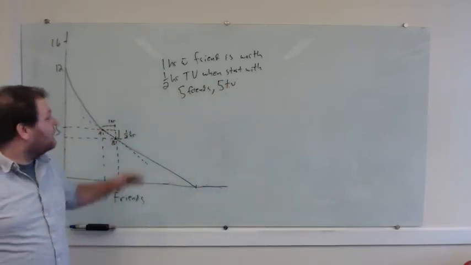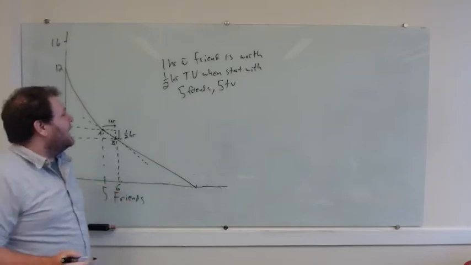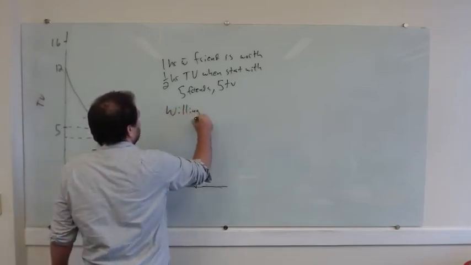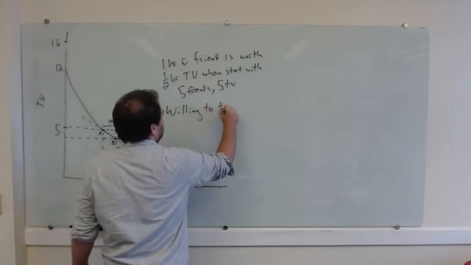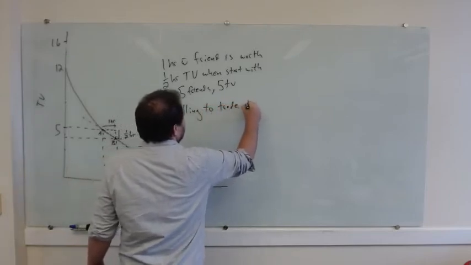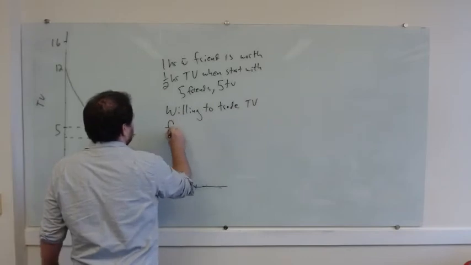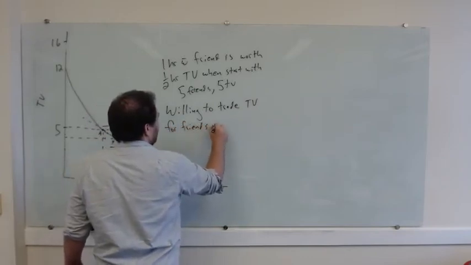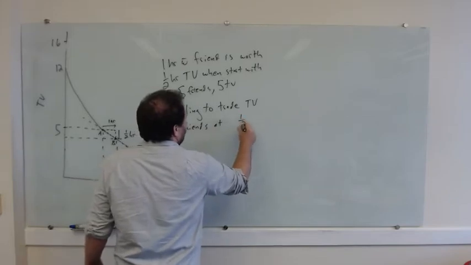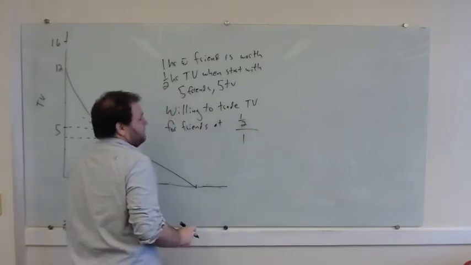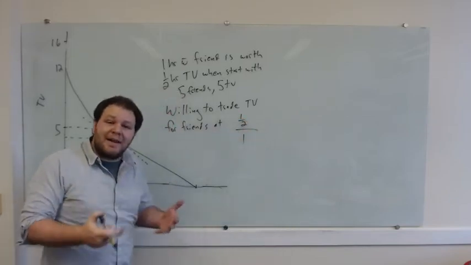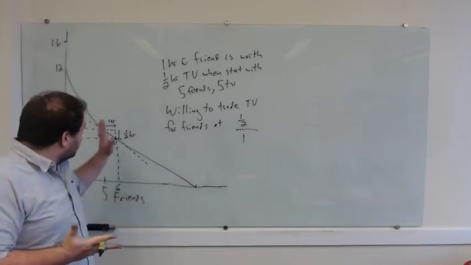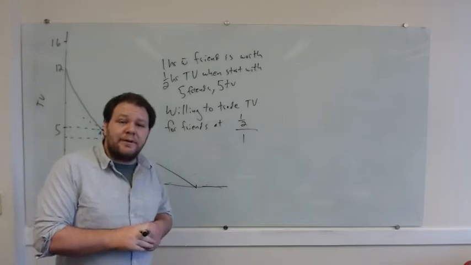So what I might want to say, I might want to take a ratio and say I'm willing to trade TV for friends at a 1/2 to 1 ratio. I'm willing to give up half an hour of TV for every hour of friends. Okay, great. So we're on the right track here, right? This is a really good start.